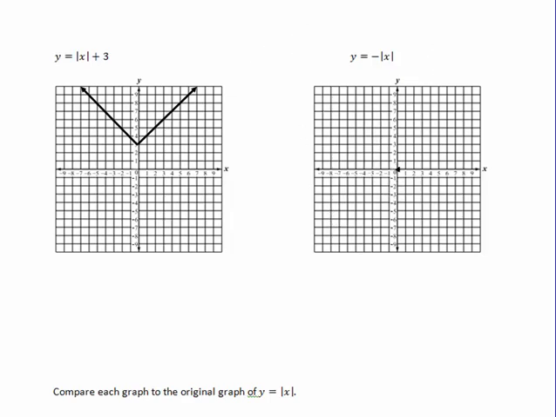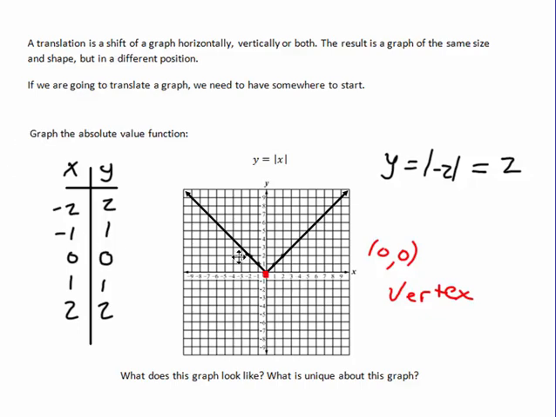This graph looks like this. So what happened with this graph? If we want to take a look at the original graph, y equals the absolute value of x, this one here, my original.